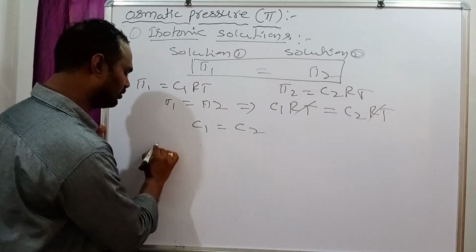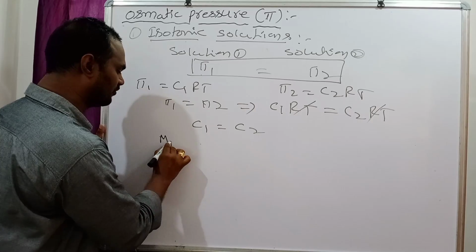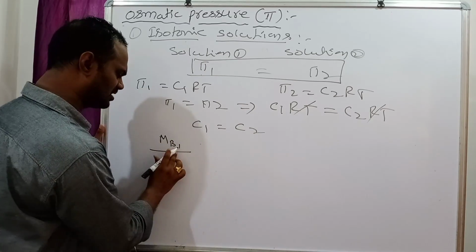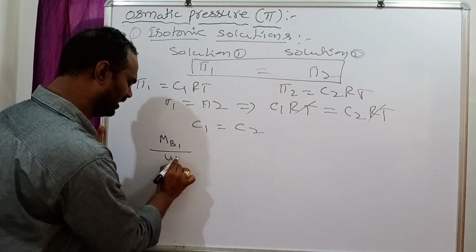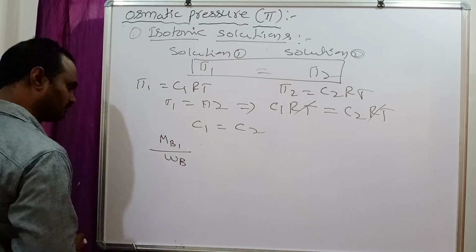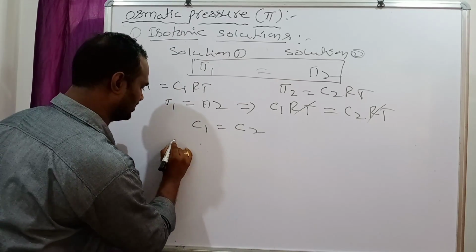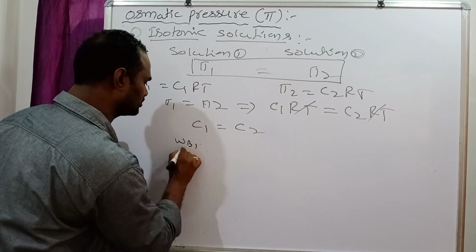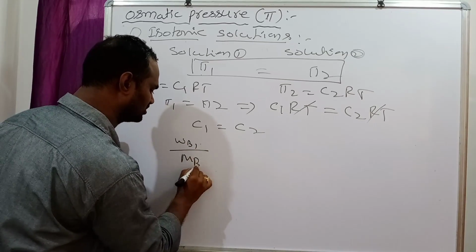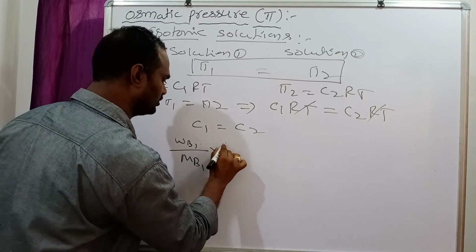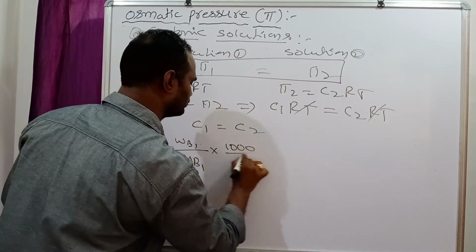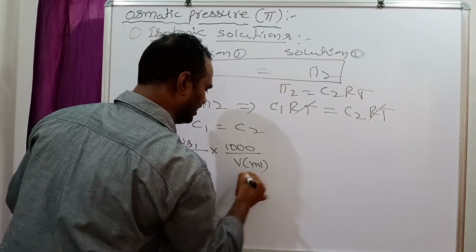Remember, here C1 means the mass of solute 1 divided by the molar mass of solute 1, into 1000 by volume in milliliter.